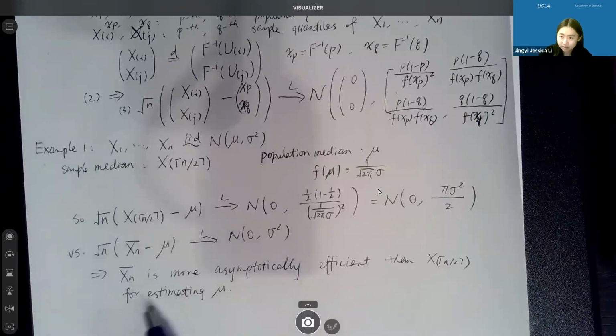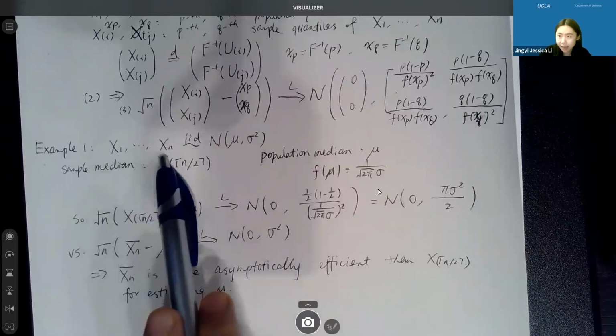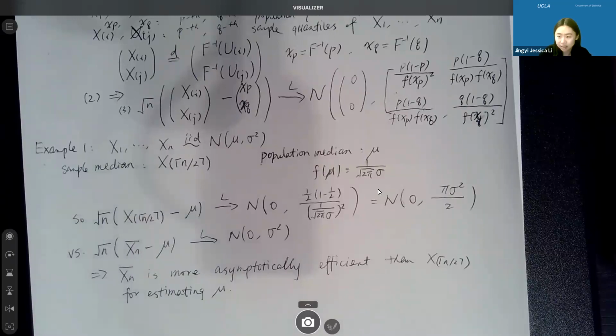But here, this result is not really touching that issue. The reason is we are only thinking about this ideal case where your observations, your data points, are all IID from the normal distribution. So in this case, the sample median's advantage is not obvious. Okay, so that's the first example.